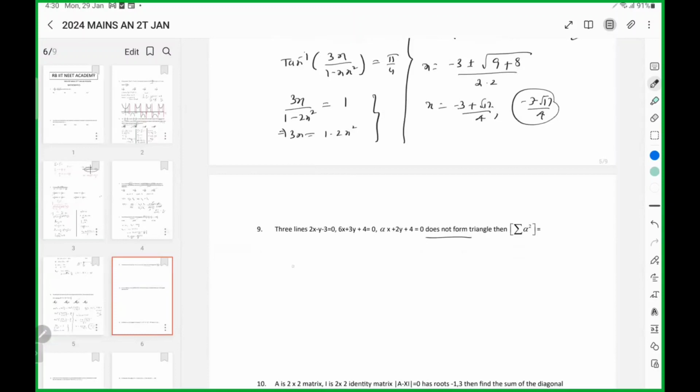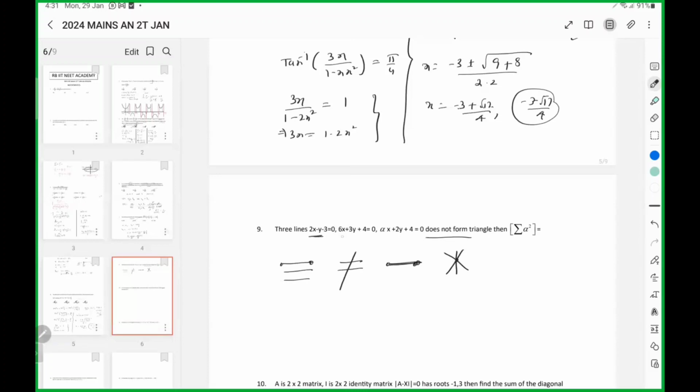Does not form a triangle means lines may be parallel, or any two lines may be parallel, third may intersect, and coincident possibility, and other possibility is concurrent.